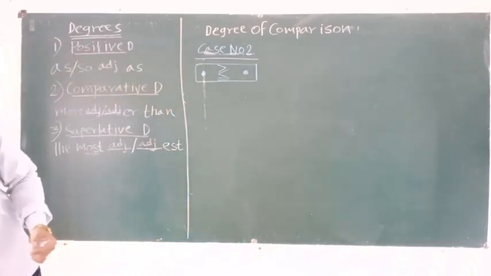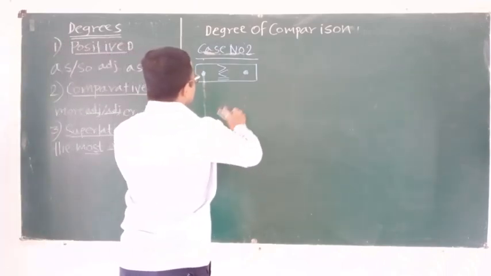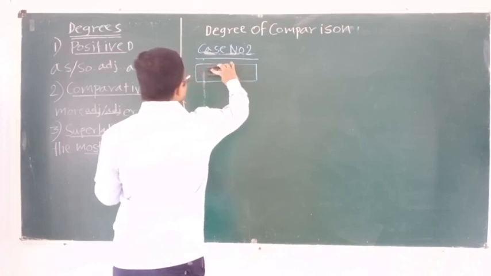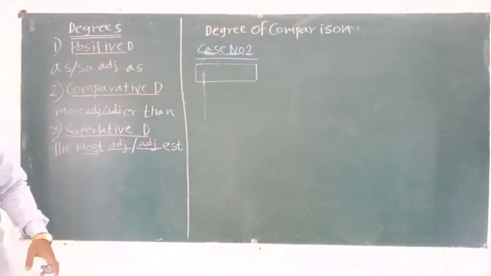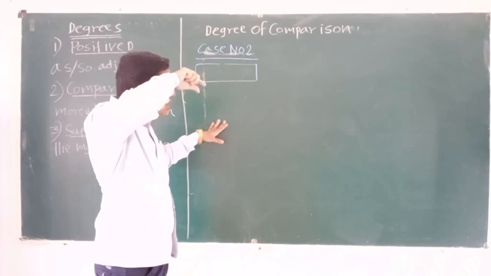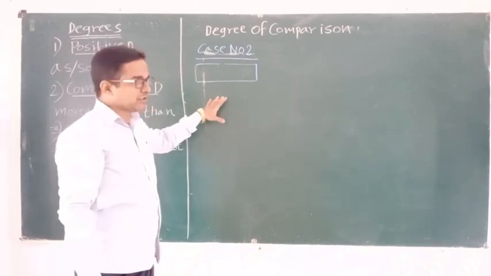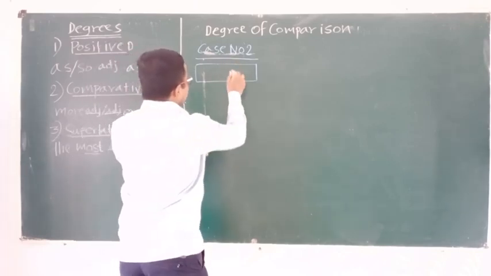In case number 2, we are going to see how a sentence of superlative degree can be changed into positive and comparative degrees, or vice versa.